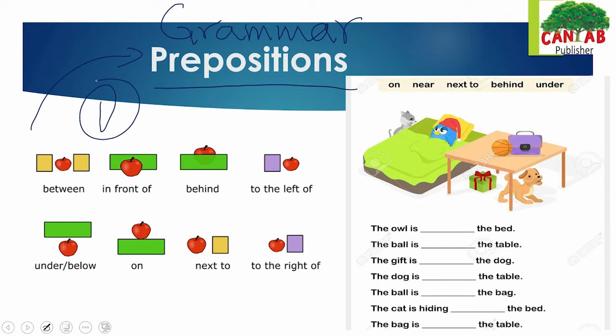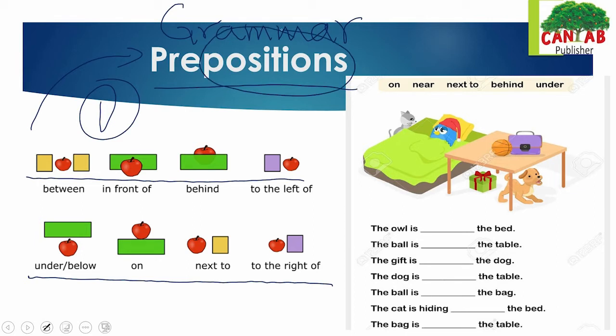There's an object, a thing which is red in color, changing its location and position, because this is known as prepositions. Inside this circle, the apple is between two squares, two yellow squares.